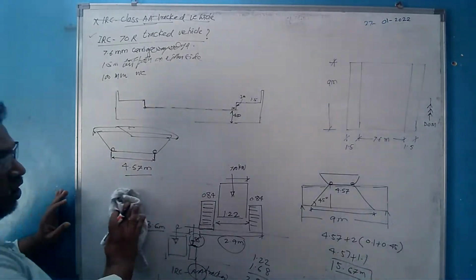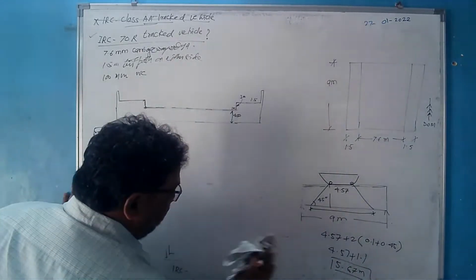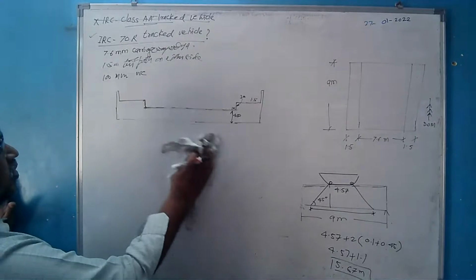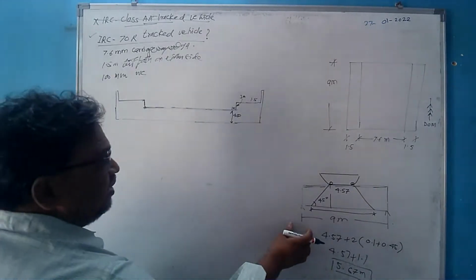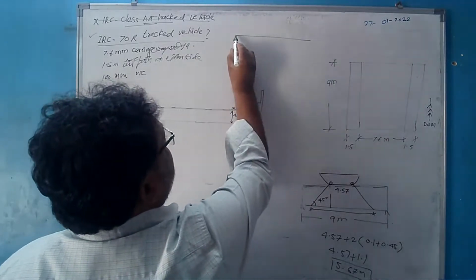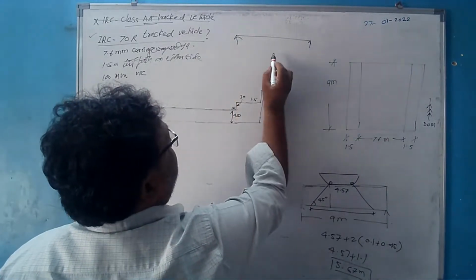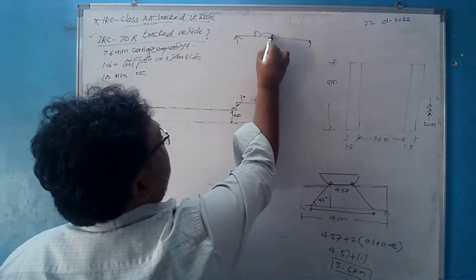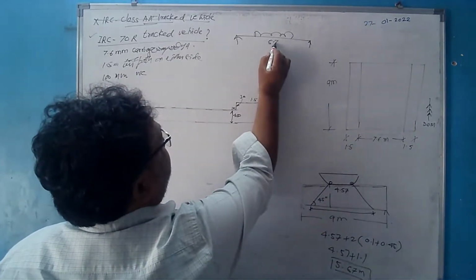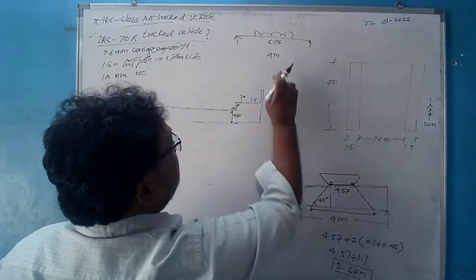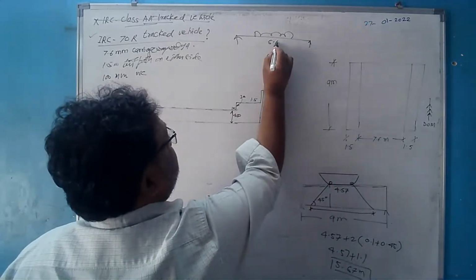Earlier, the load was getting distributed on a comparatively smaller area. Now the load is getting distributed on a greater area. So how will it appear? It will appear like this. This is a 9-meter span beam, and there is a load acting here, acting centrally over 5.67 meter.